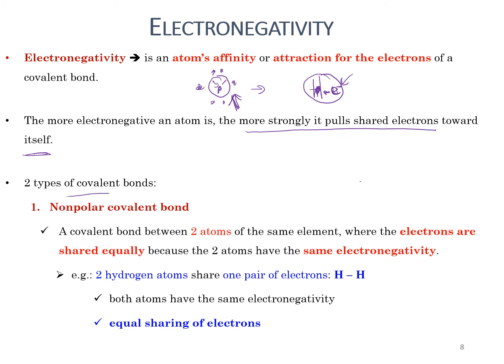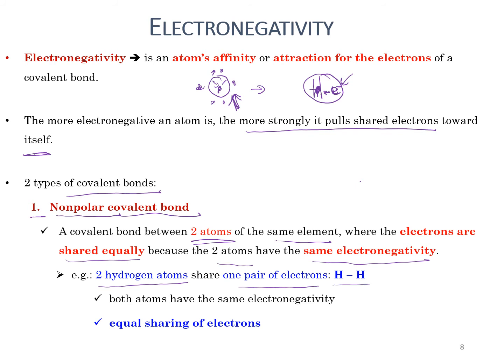There are two types of covalent bonds. The first is the non-polar covalent bond, and the second type is the polar covalent bond. A non-polar covalent bond is a covalent bond between two atoms of the same element where the electrons are shared equally because the two atoms have the same electronegativity. For example, two hydrogen atoms share one pair of electrons in a hydrogen molecule.